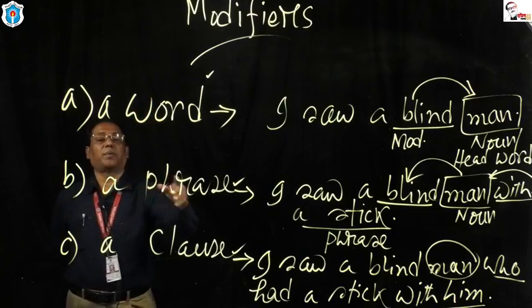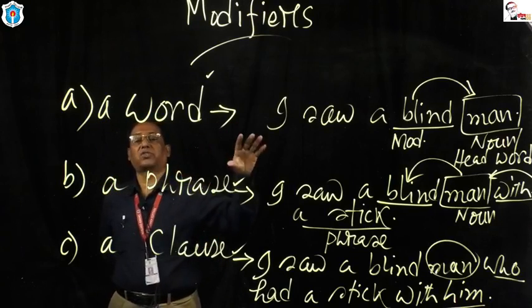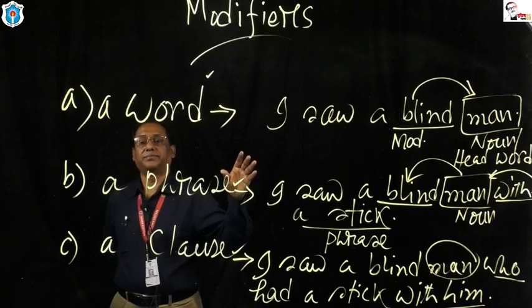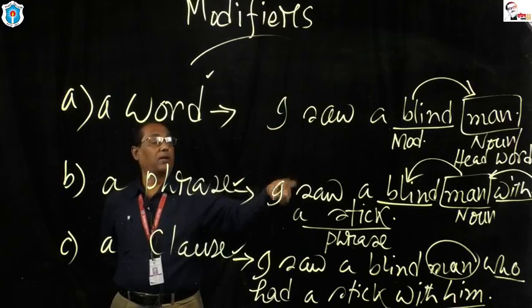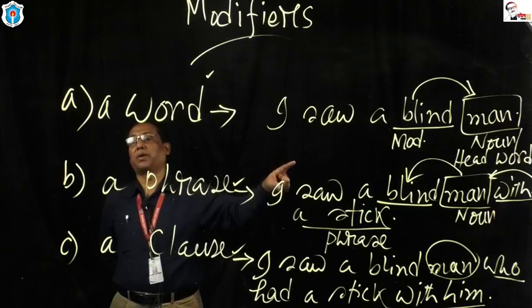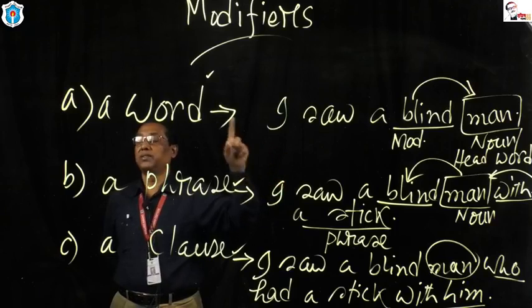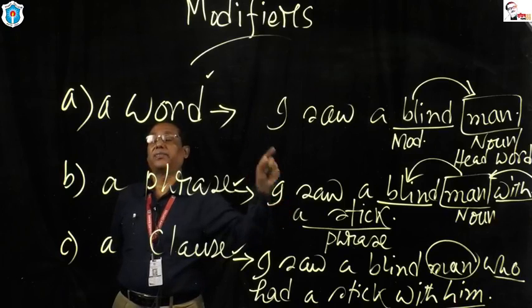What is the function of a modifier? A modifier gives some extra information about the head word. Man is the head word. Blind gives some extra information about the man. With a stick again gives some more information about the man. In the third example, who had a stick with him, this clause gives some extra information about the man, the head word.